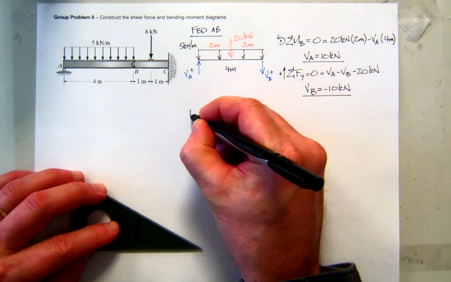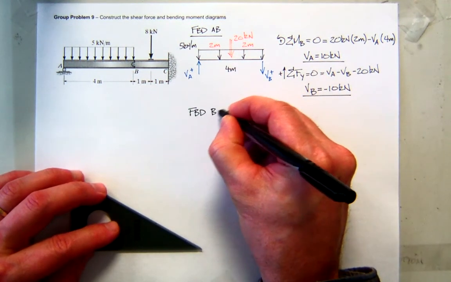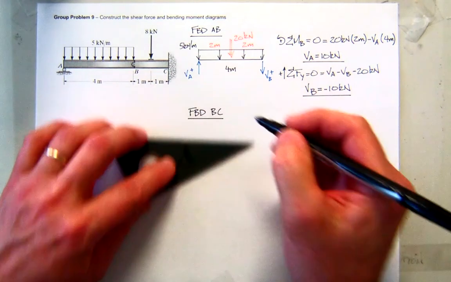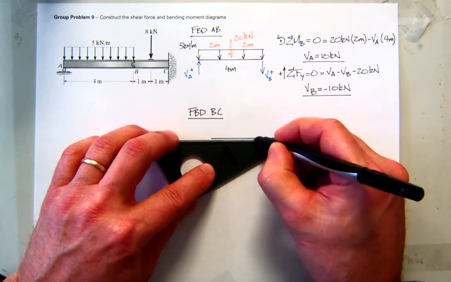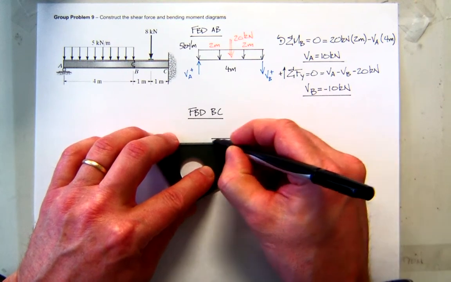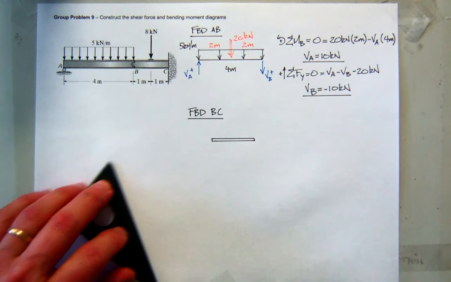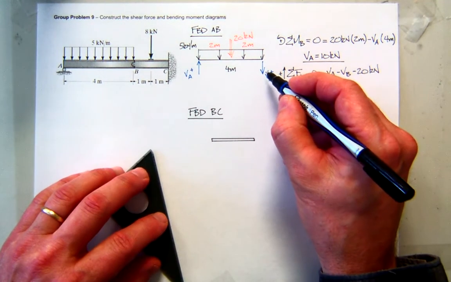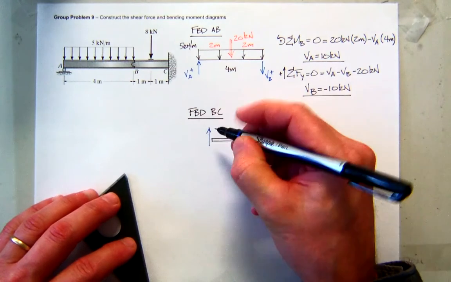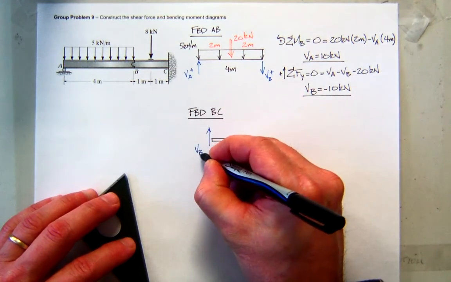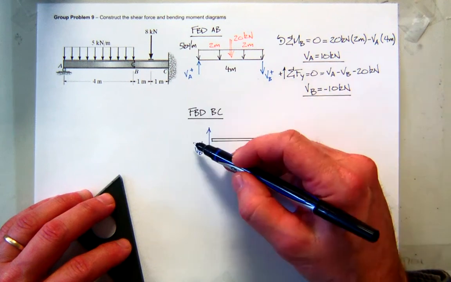So then we'll come down and do the free body diagram from B to C. And let's draw that little bit. So again, I'm going to assume positive shear at B. On this diagram, I have to assume positive shear at B. Equal and opposite, but they're both positive shears.